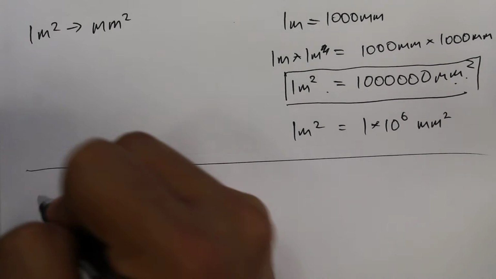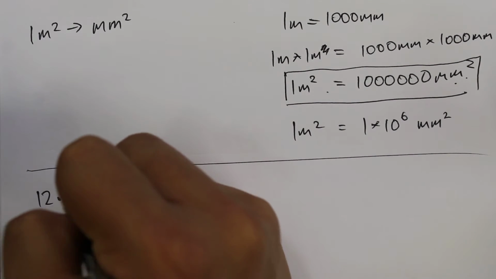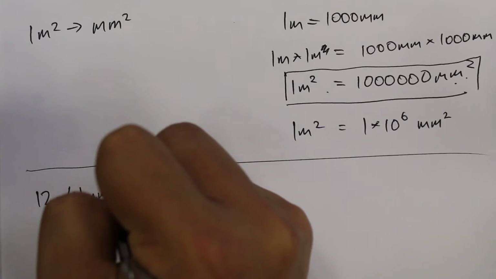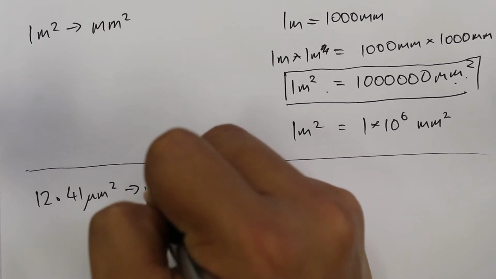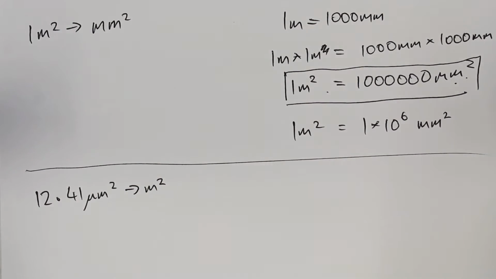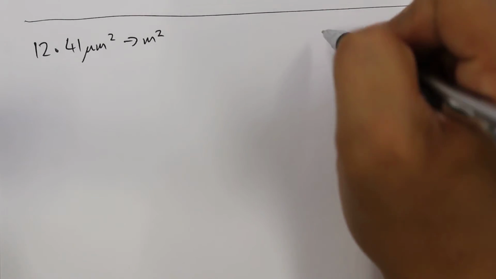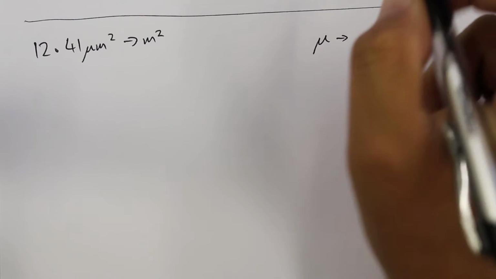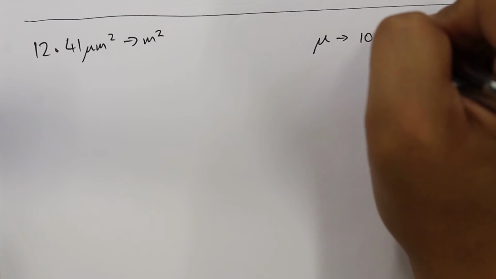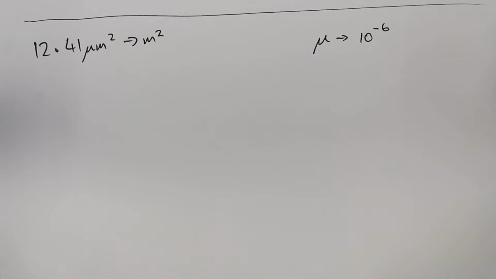Okay, so 12.41 micrometers squared, and we want to change that into the meter squared unit. The key thing we need to know here is that the micro prefix is the same as 10 to the power of minus 6.